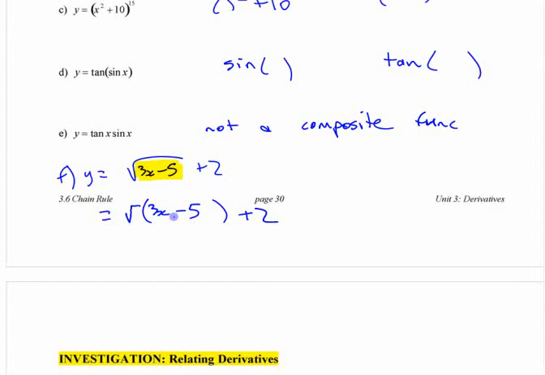Does that make sense? That's how it would be written on a calculator. The inside function is 3 times something minus 5. The outside function is square root of something plus 2. Okay?